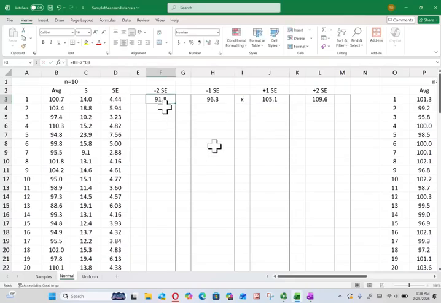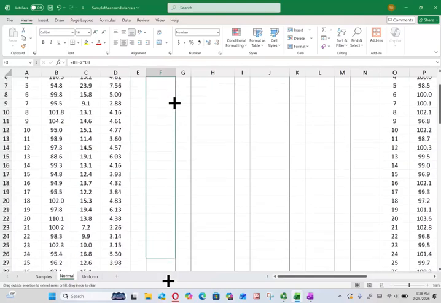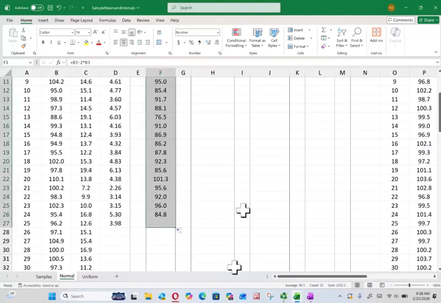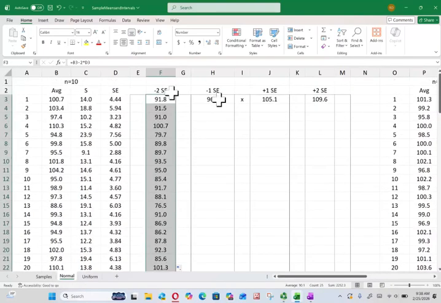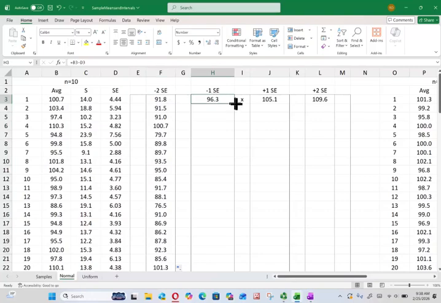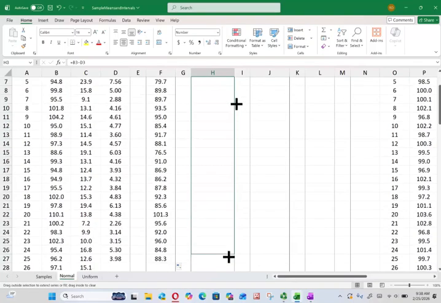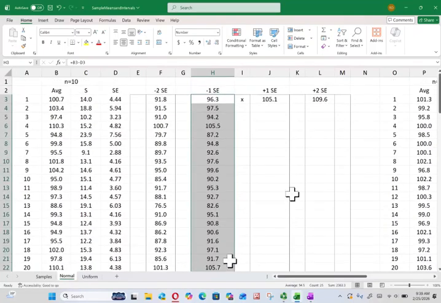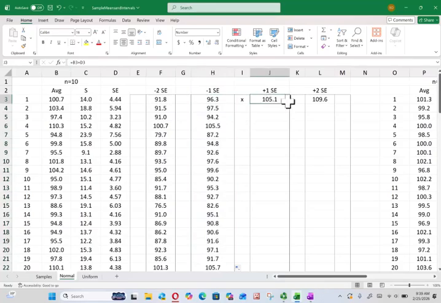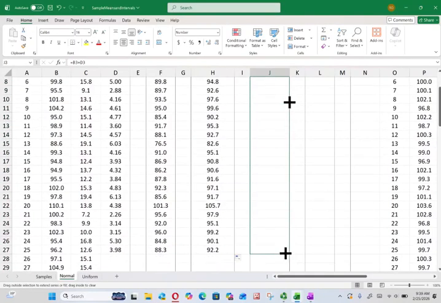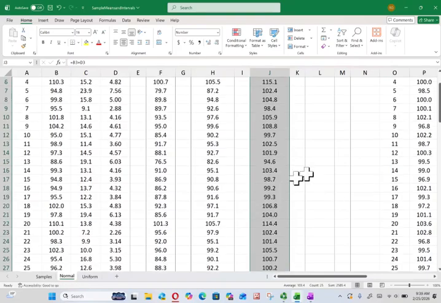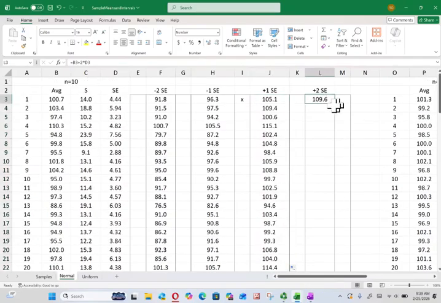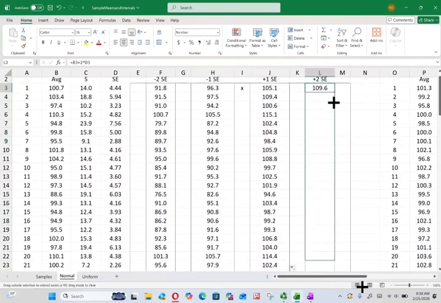Then go to the 2 standard error column, and we want to copy that down to the 25. Do the same for the 1 standard error down. Same for the 2 standard errors down. And this is copying the formula, so it's doing the same calculation.